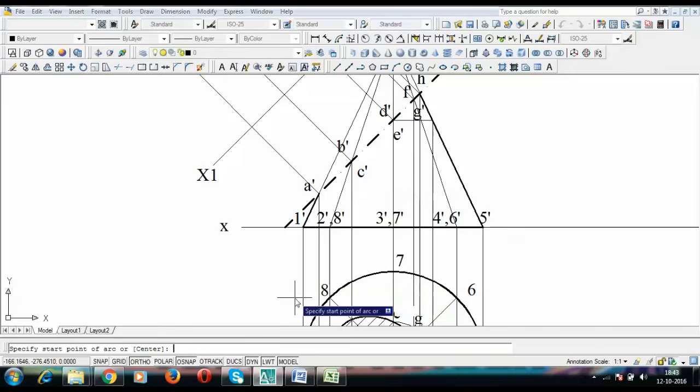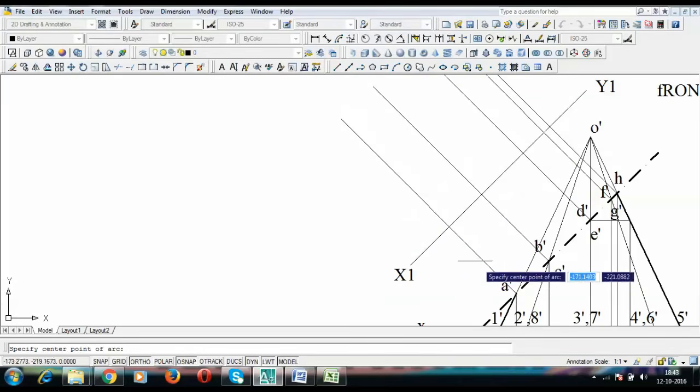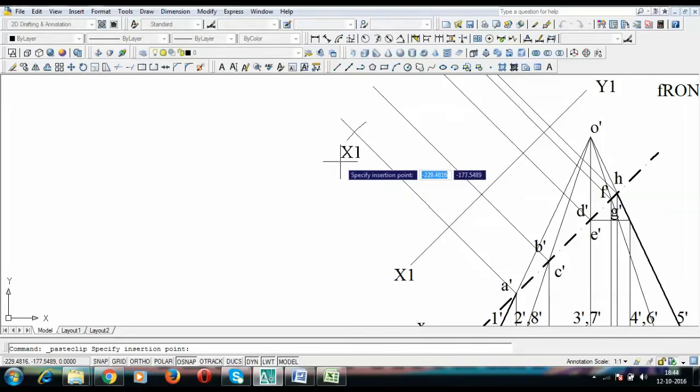So I'm going to do this. This is for A. So the arc length was 56. So that's point A for you.